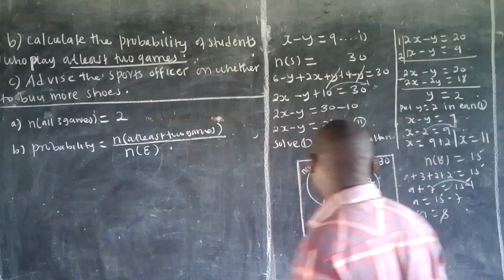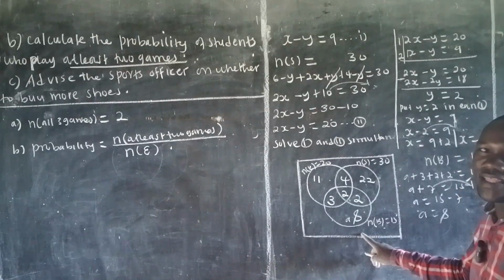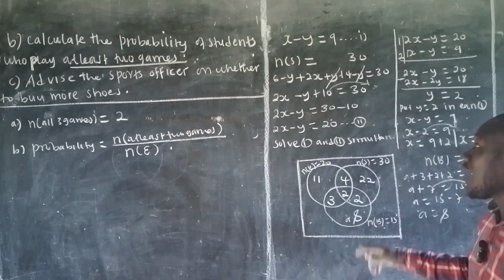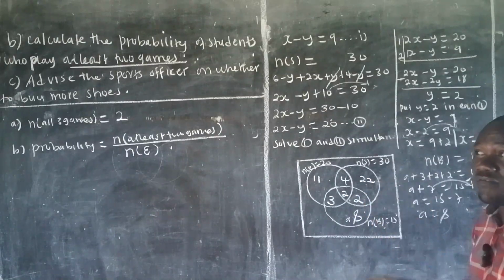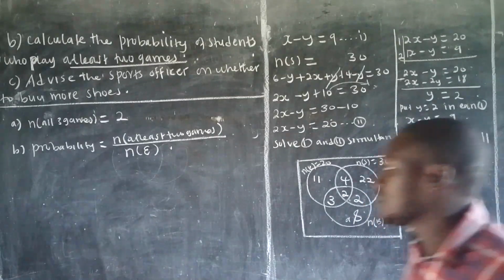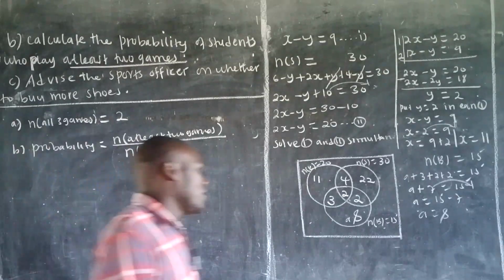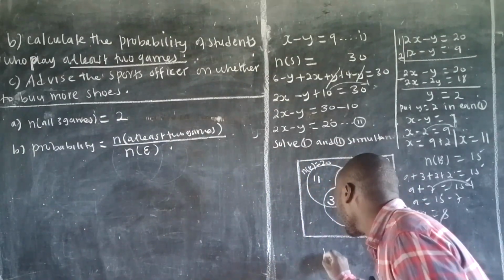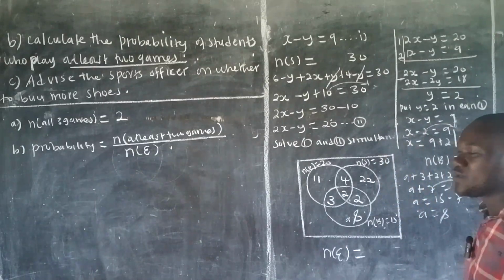Now, this number is a bit special. Not all sets must have a number outside here, the neither part. And not all sets should have the number in the universal. It's never the case. All right, now we continue. Let's get the number in the universal from here. So number in the universal is equal to, you add all values inside the circles.